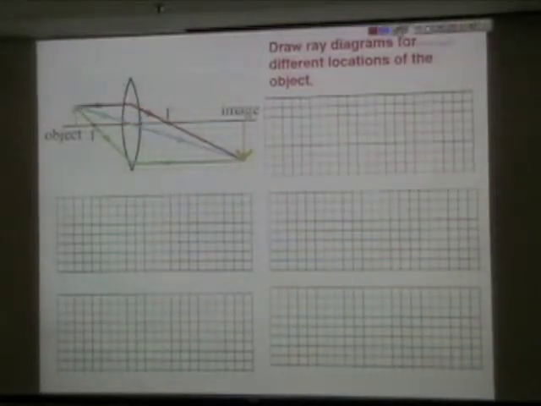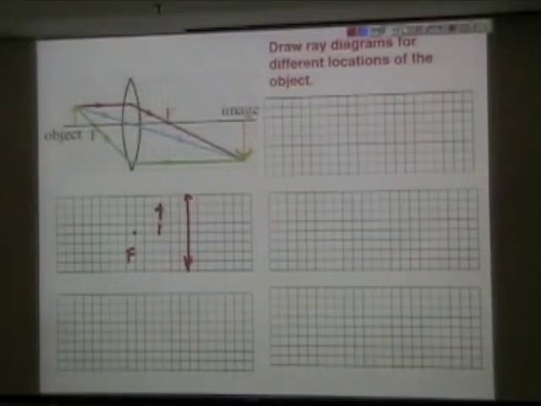Now, let's take the same lens, 1, 2, 3, 4, 5, 6, the same focal distance. And now we want to place an object here, between the lens and the focal point.